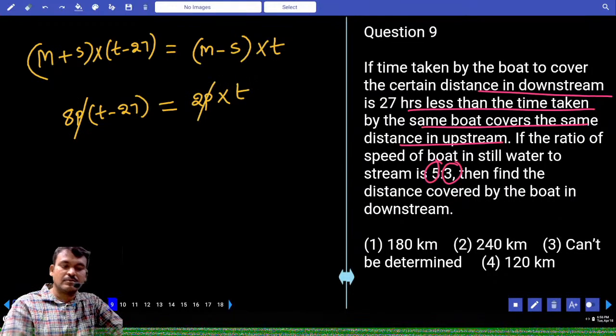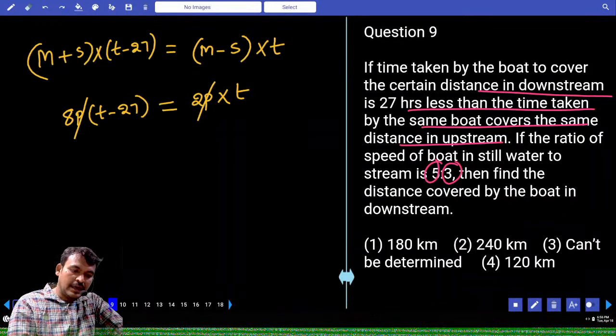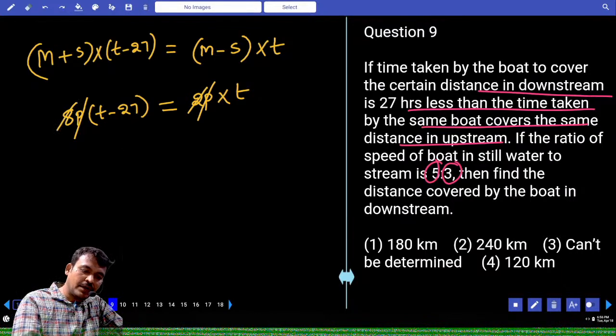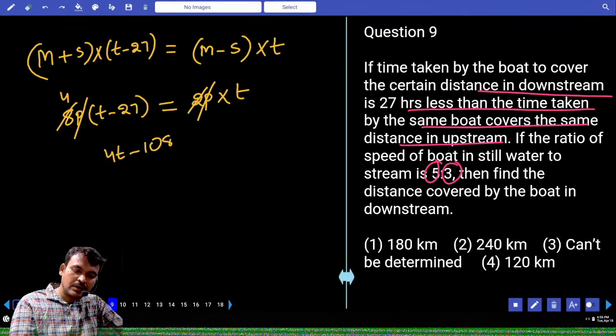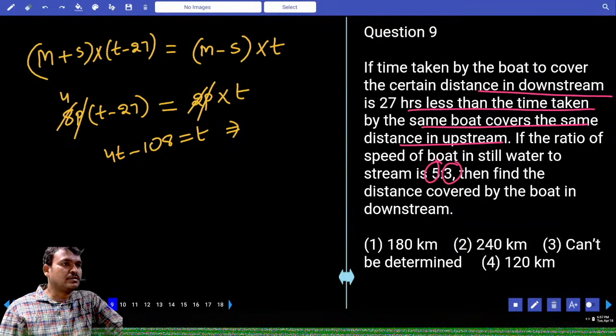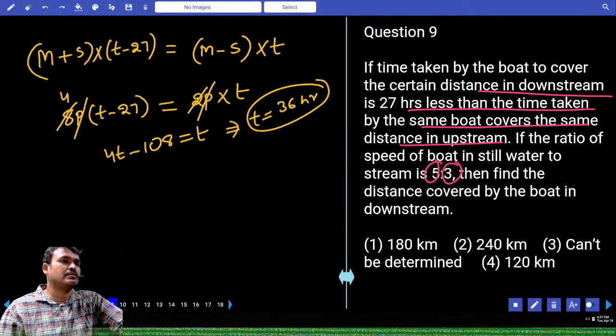Parts get cancelled. 8 into T minus 8 into 27, and 2 ones are 2, so 4 times: 4T minus 108 equals the value. Then 3T equals 108, so T equals 36 hours.